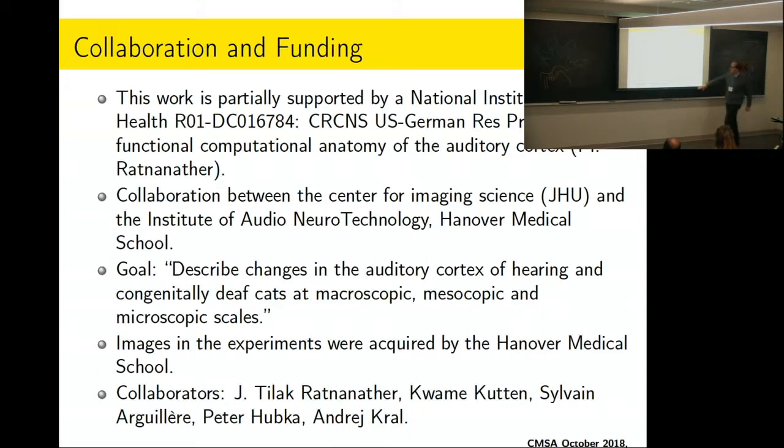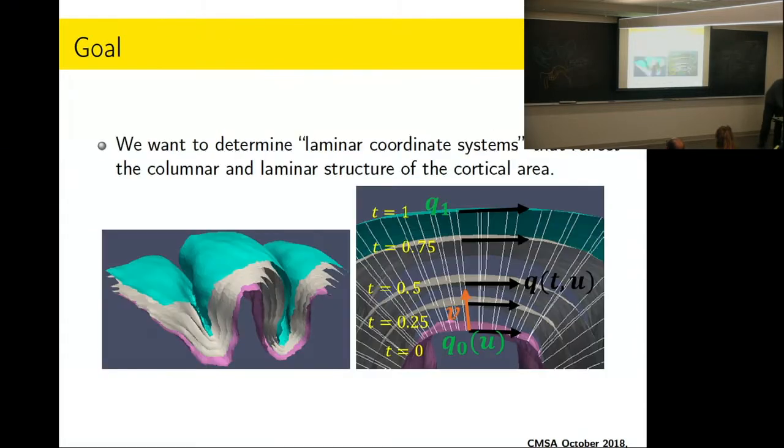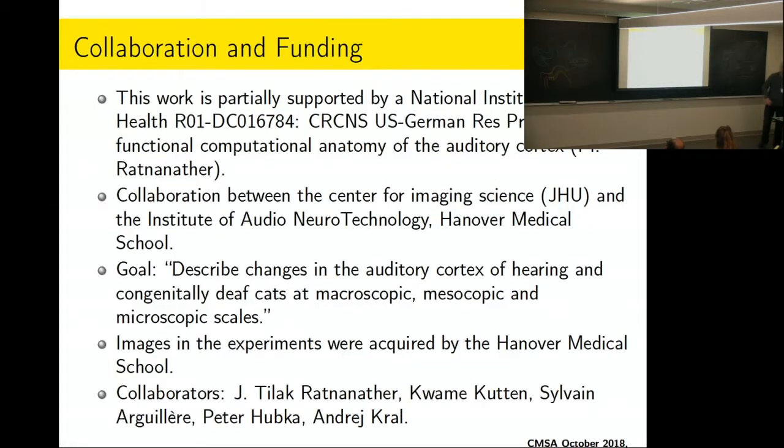The PI is Tilak Ratnanather, and it's a German-US collaboration on the neural anatomy of the auditory cortex. So we'll have some images such as that one, by the way, which come from data provided by the German group, which is at the Hanover Medical School.